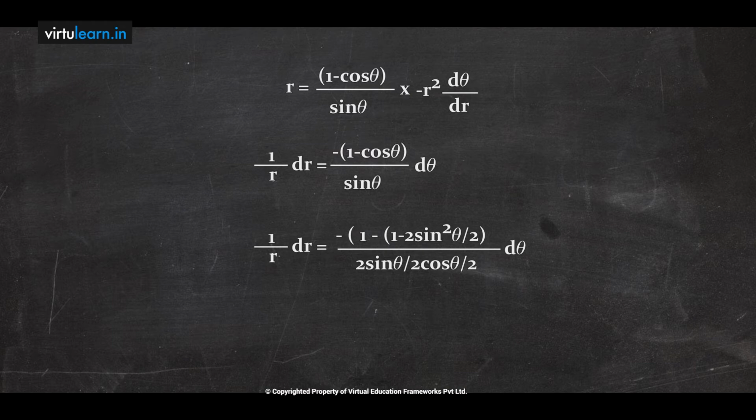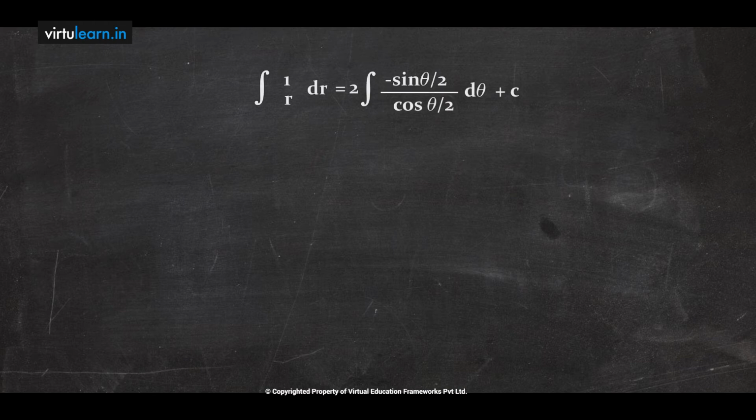Here 1 minus 1 cancels, minus into minus becomes plus: 2 sin square theta by 2 divided by 2 sin theta by 2 into cos theta by 2 into d theta. Then the 2s cancel, and one sin theta by 2 cancels from numerator and denominator. Finally we write the answer: integral of 1 by r dr.